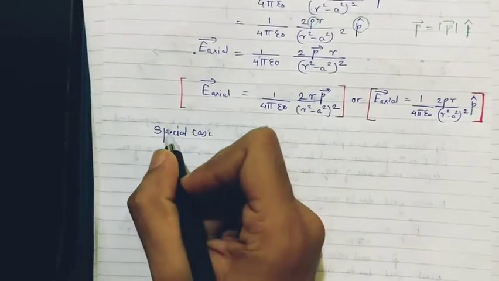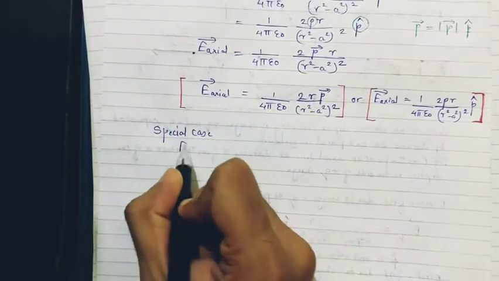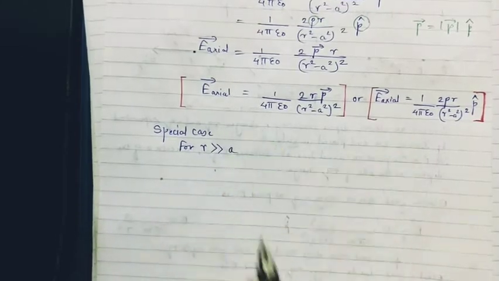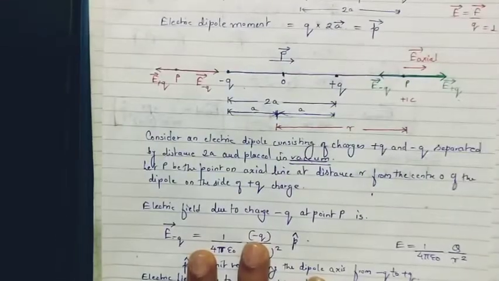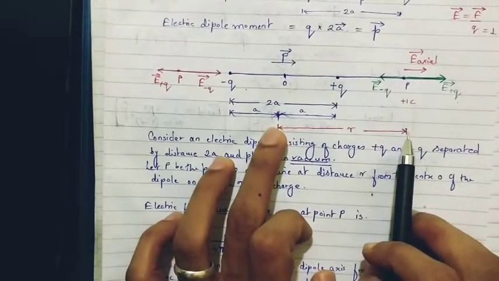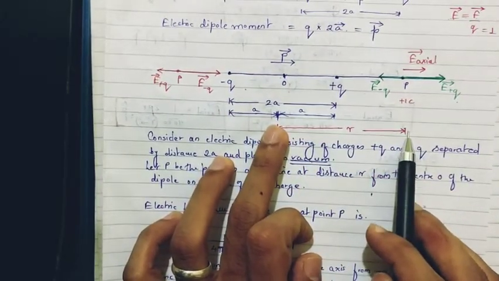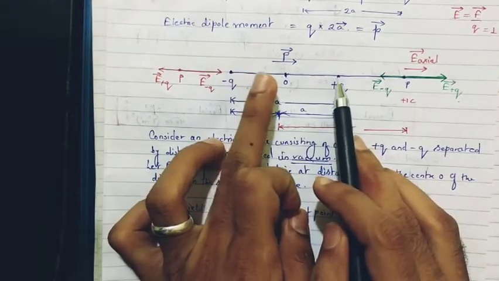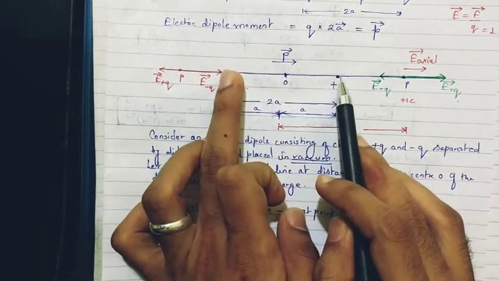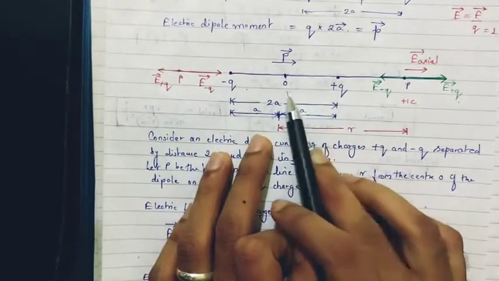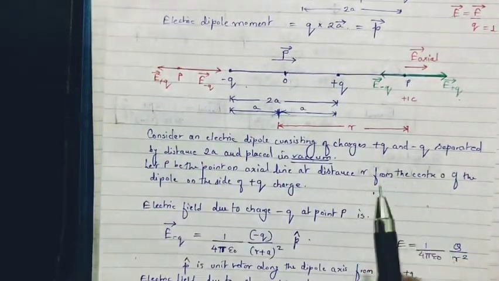In this special case we consider r very much greater than a, that is basically if this distance r which we have taken, that is from the center to the point P, is very much bigger as compared to the distance between the two charges of the dipole, or the distance a, as we have considered in the denominator.